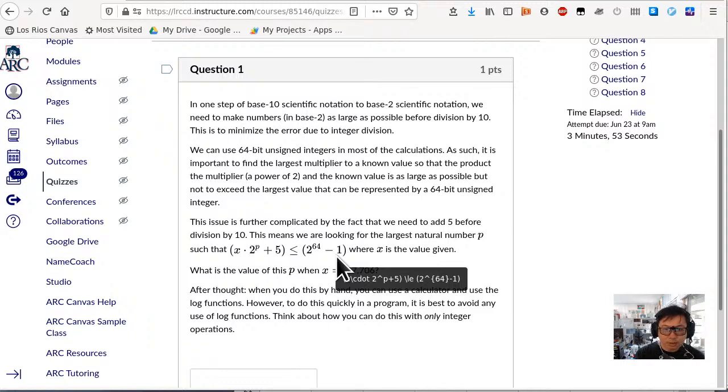One way is to use a spreadsheet and go over all the possible p's starting from 0 and test each one to see whether it is exceeding the range that we are allowed to use. So that's one way to do it. The second way is mathematically to solve the equation or inequality in this case, using a calculator that can do log.